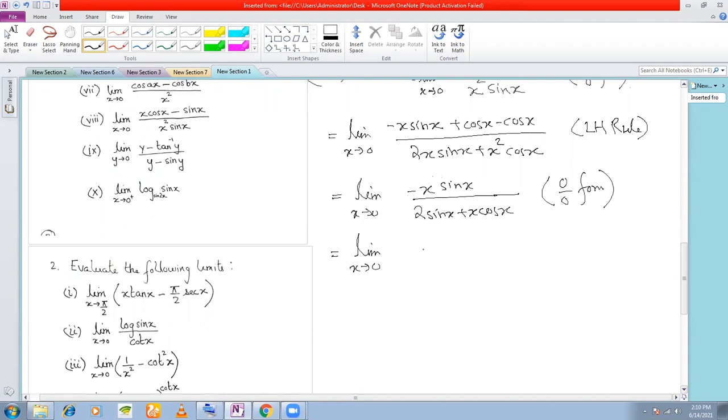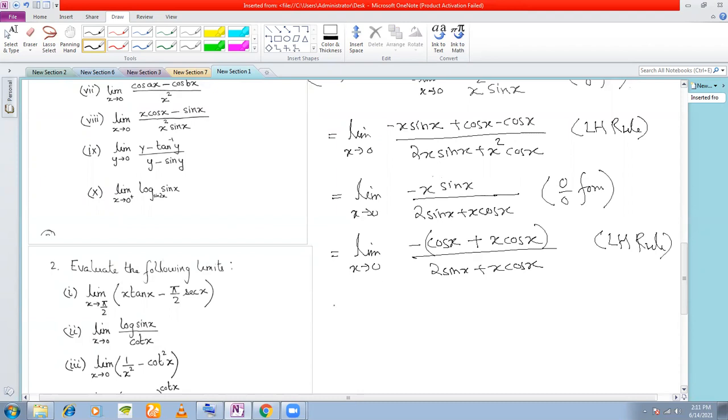If you differentiate the numerator and denominator separately, you get minus x cos x minus sin x, isn't it? Here we apply the u into v rule, differentiating the numerator and denominator.